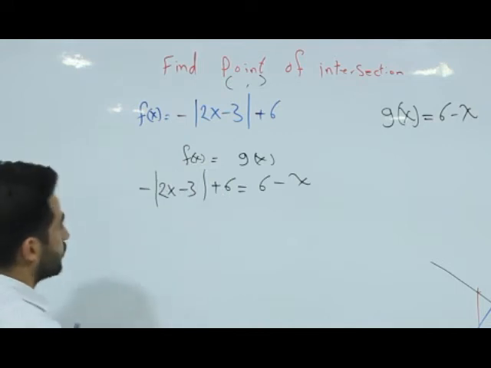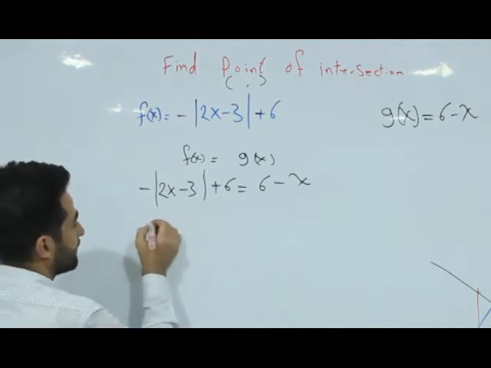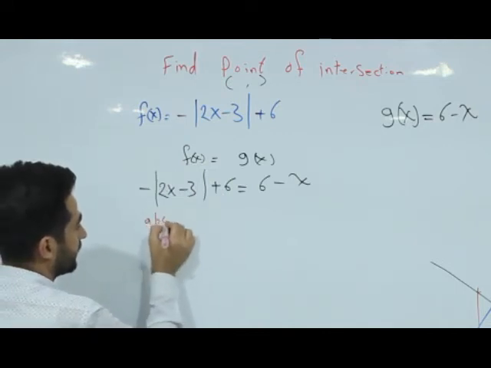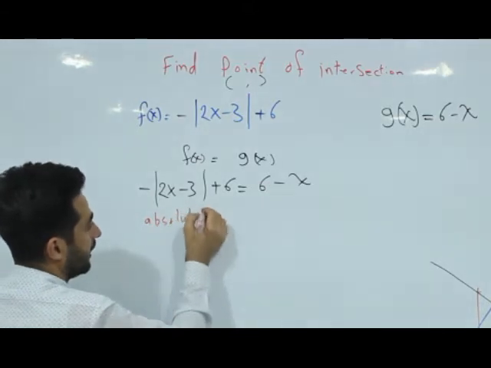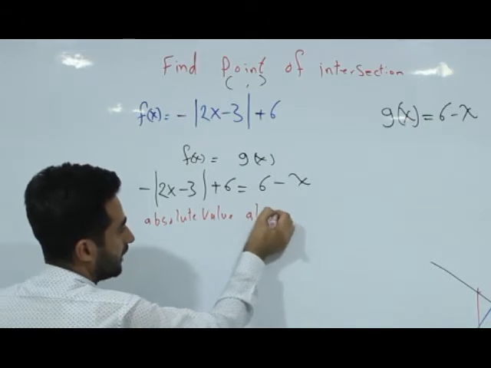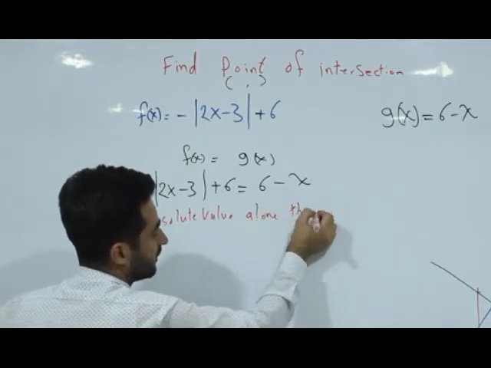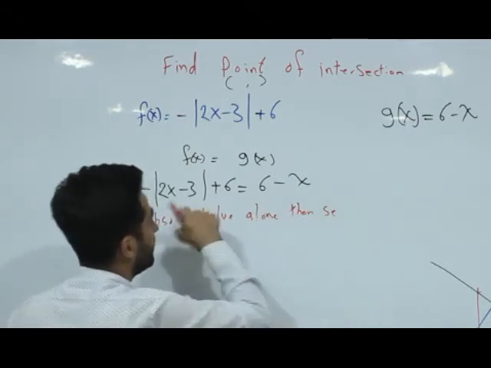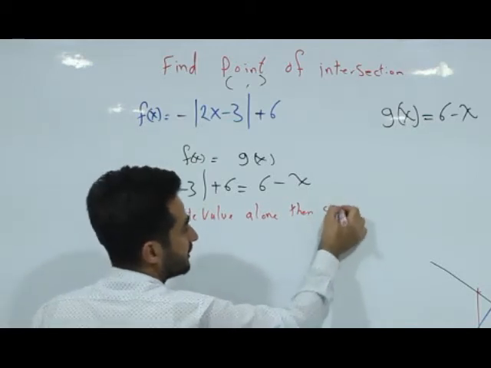So first, the absolute value must be alone and then separate. How can we remove the absolute value? By separating.